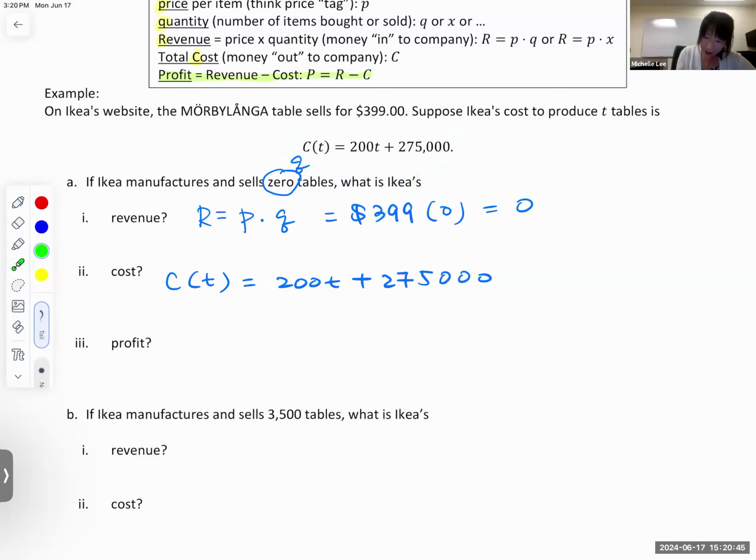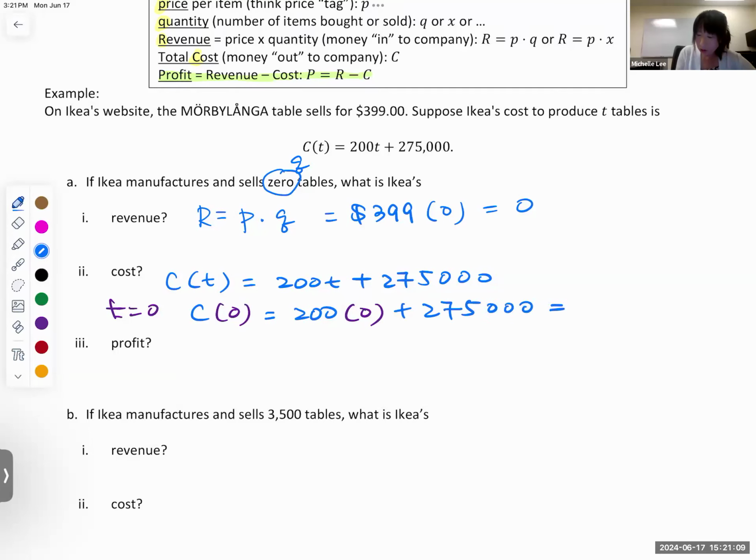When T equals 0, 0 tables, that means C of 0 equals 200 times 0 plus 275,000 equals 275,000, right?